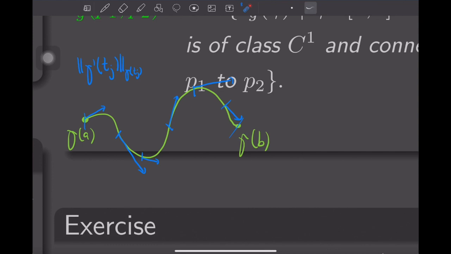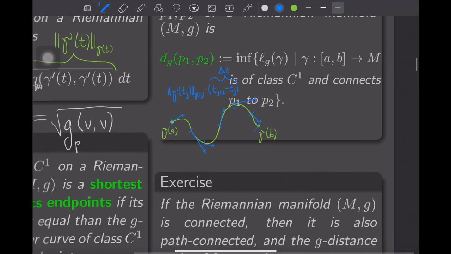right? The amount of time that this speed is applied. And that's an approximation of this distance. And so times, what in calculus maybe one writes like delta t. Okay, let's say just instead of delta, let's say t j plus 1 minus tj. This is my delta t, or delta tj.